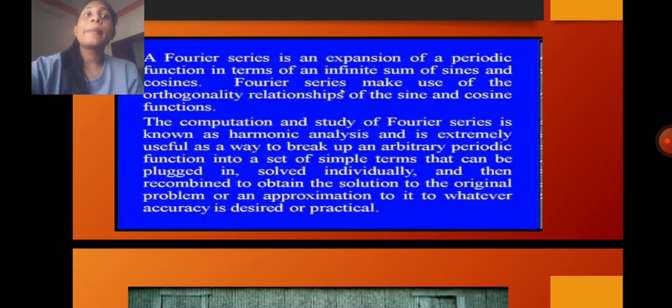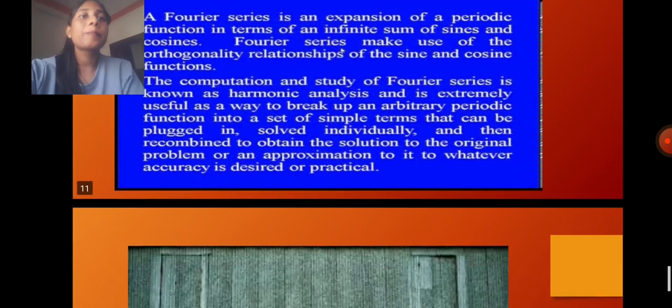So make sure to practice more and more with the main terms like sine and cosine, and where the sine is applied and where the cosine is applied.